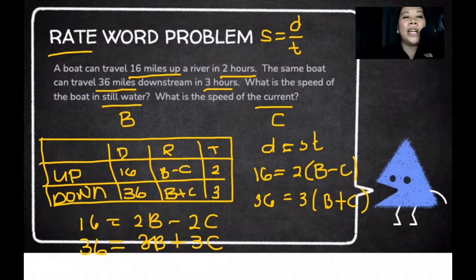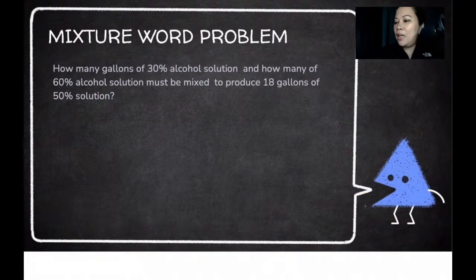Then all you do is eliminate whatever you need to eliminate. Okay, so that is how you interpret. I'm going to show you how to interpret only today, and then of course you can do the maths part of it. And then we have the last one, mixture word problem.